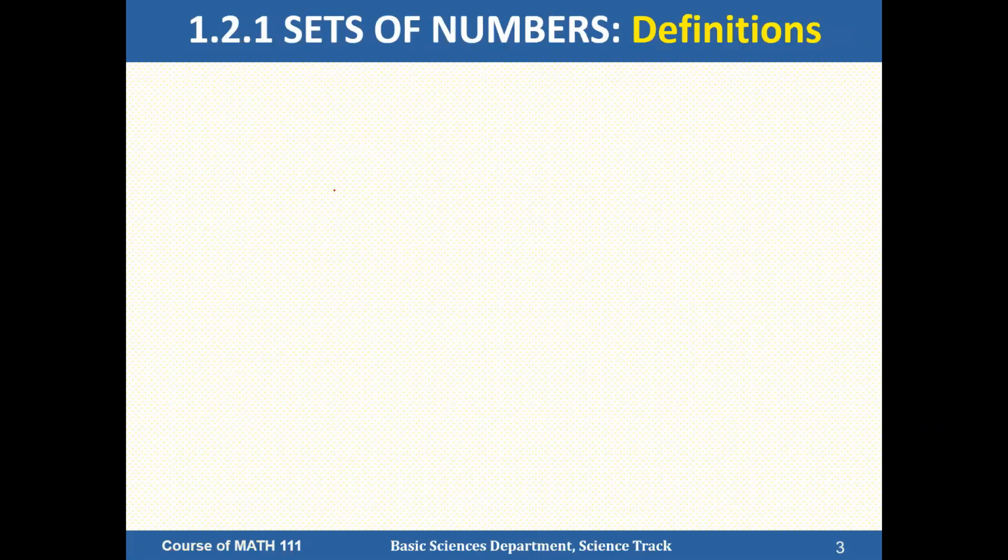So we start with the main sets of numbers. We have the natural numbers, denoted by capital N: the numbers 1, 2, 3, 4, and so on.